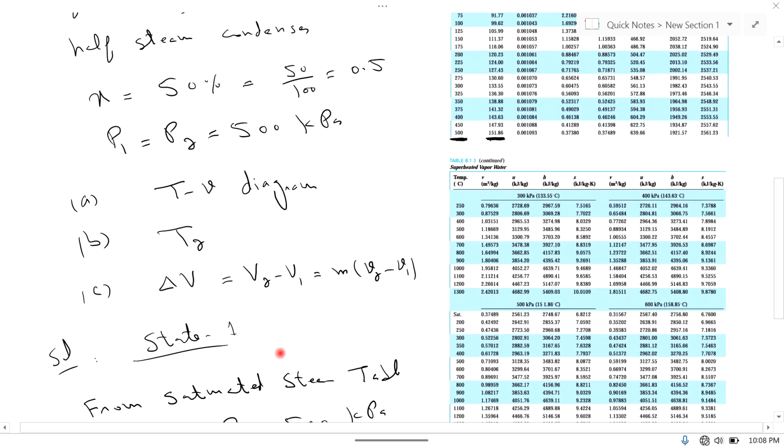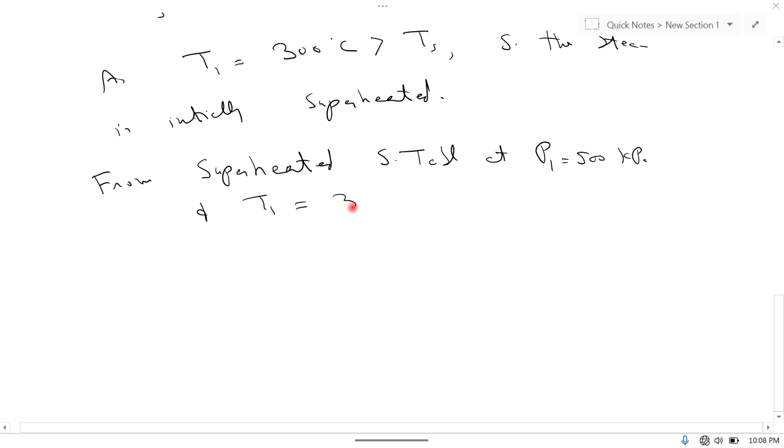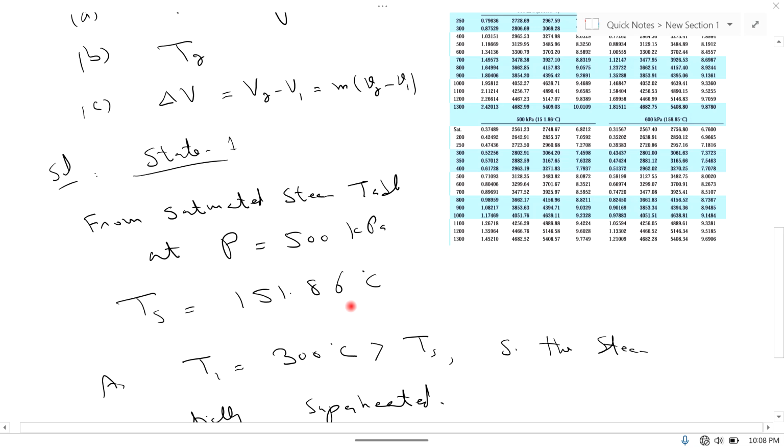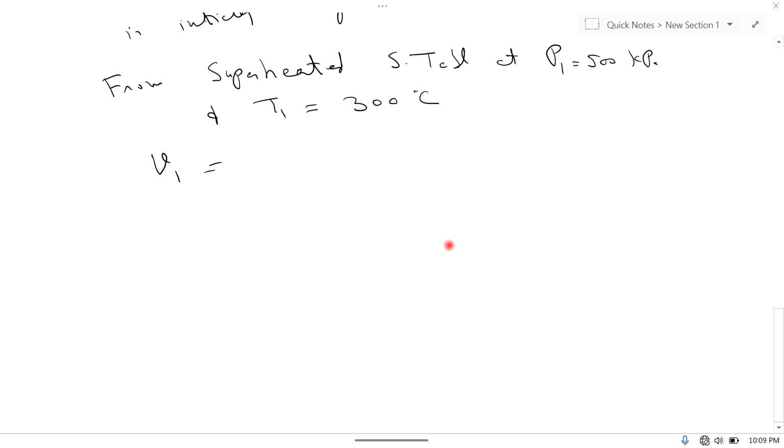From the superheated steam table, at pressure P1 equal to 500 kilopascal and temperature T1 equal to 300 degrees centigrade, the specific volume is, in front of 300 degrees centigrade, 0.52256 cubic meter per kg.